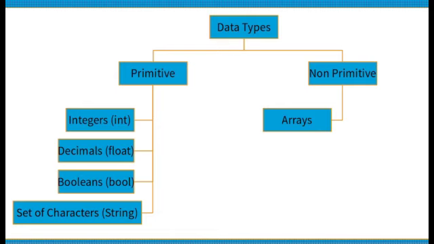Integer has 0, decimal has 0.0, boolean default value is false, and string default value is blank double quotes. So if I create an array of integers with size 10 and put just two numbers in that list, the remaining 8 blocks will be initialized by 0 itself.